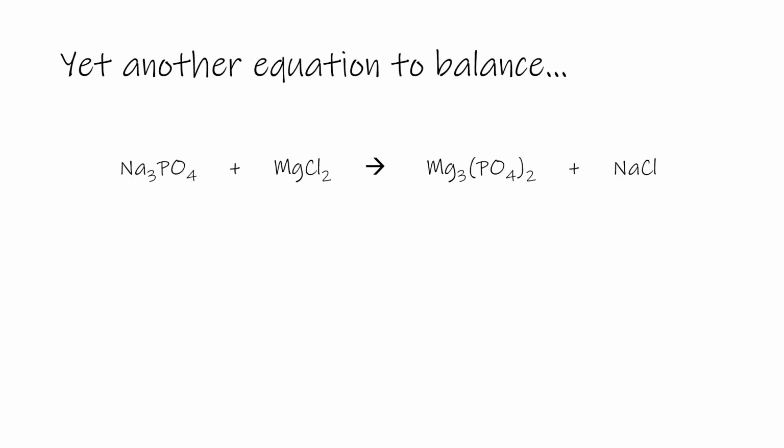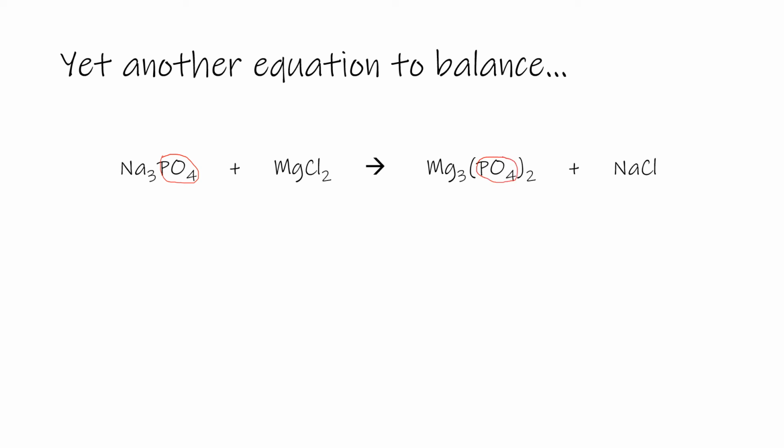Here is one last equation to balance. We have sodium phosphate reacting with magnesium chloride to produce magnesium phosphate and sodium chloride. Before we get started on balancing, I want you to notice that in this equation we have a phosphate polyatomic ion. I'm going to circle it in red so you can see it.